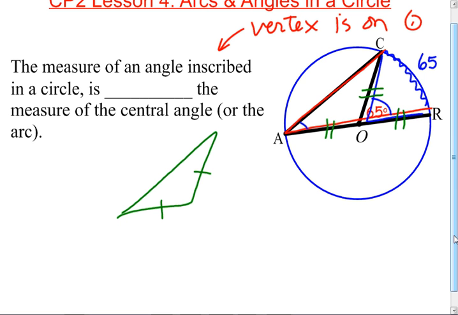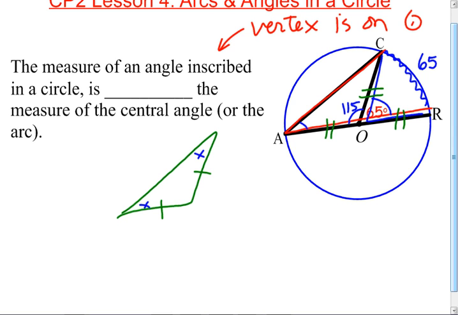This is how you were to do some of the problems. You could still do the problems like this, but we're going to come up with a conjecture about the measure of the inscribed angle. Well, let's call that angle X, because I don't know what its measure is. And how big is this angle right here? 115. There are two ways to do this.